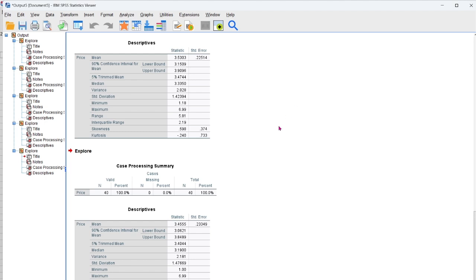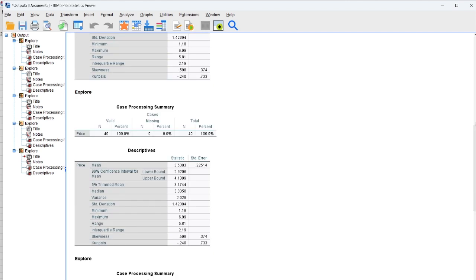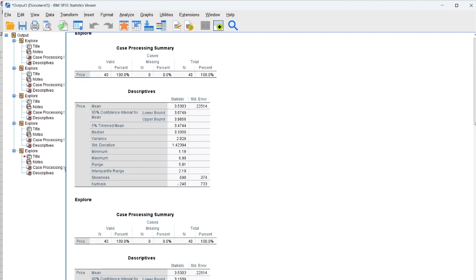That's interesting. They're slightly different. Anyways, and then I'm looking at these. 3.07 to 3.98 was the 95. The 90, I got 3.15 to 3.9.